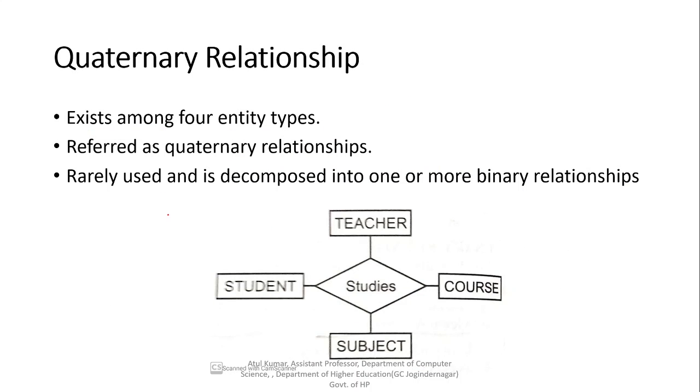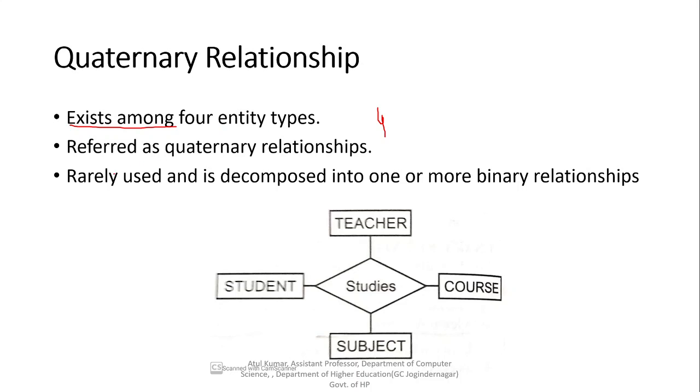Next we have quaternary relationship. As the name suggests, it consists of four entity types. So the degree of a quaternary relationship is 4, as there are 4 entities associated in a quaternary relationship.